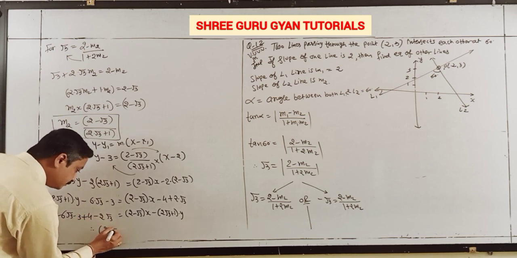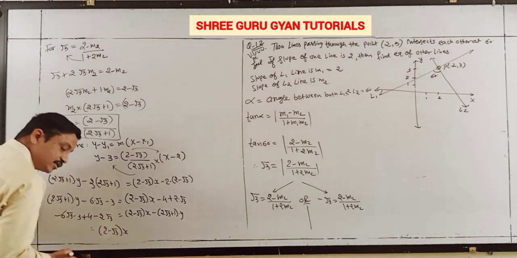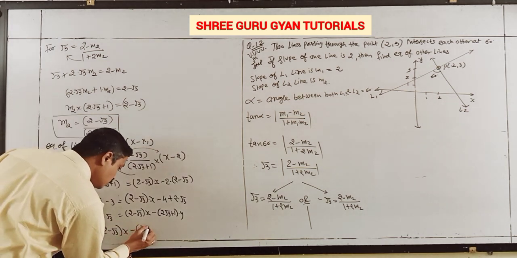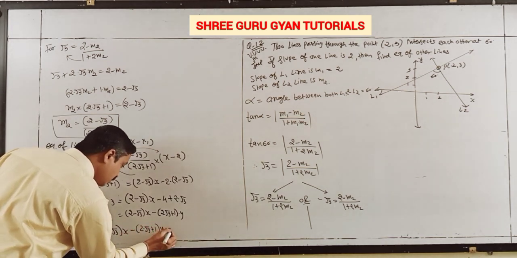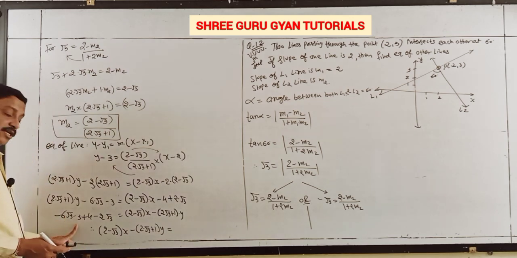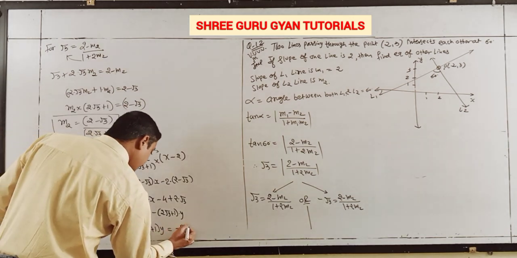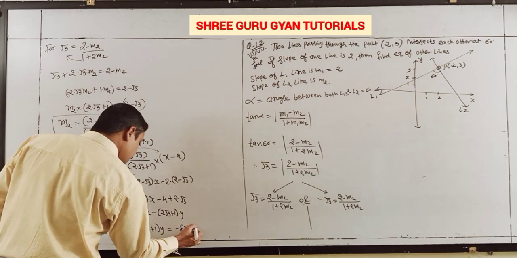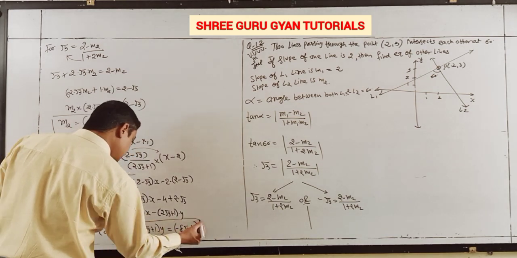Finally you get 2 minus root 3 x minus (2 root 3 plus 1) y is equal to, students, total you are getting minus 8 root 3 plus 1. That's my first answer coming.